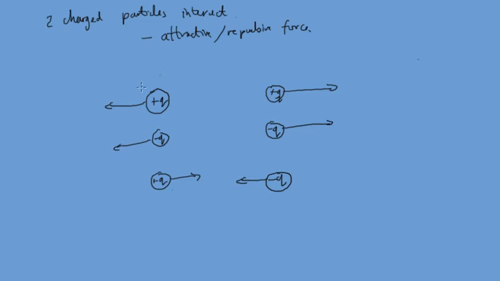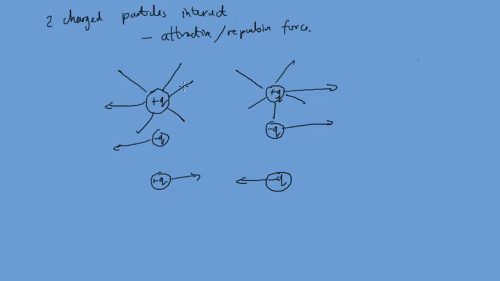Each charge has an electric field around it. All charged particles have electric fields, and when another charged particle comes into that field, there'll be a field radiating out from this charge, and a field radiating out from this charge.